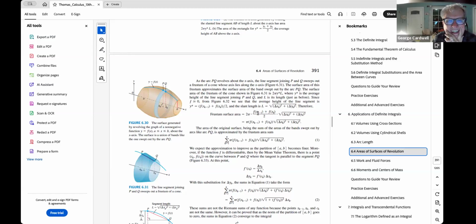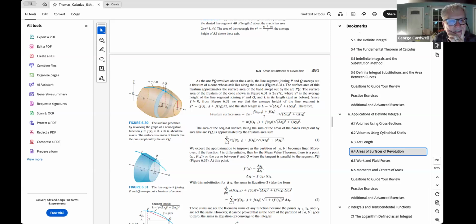For the radius he uses 2 pi times f of x_{k-1} plus f of x_k over 2. Well, that's the midpoint.